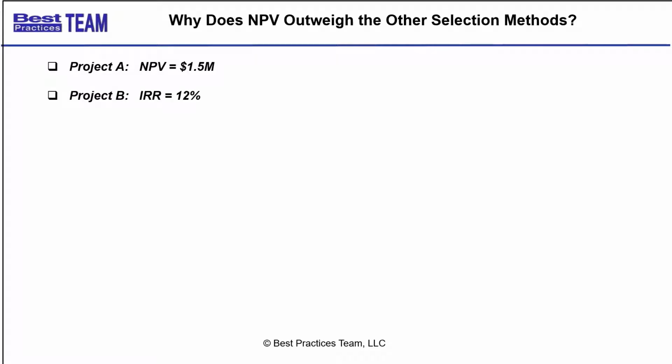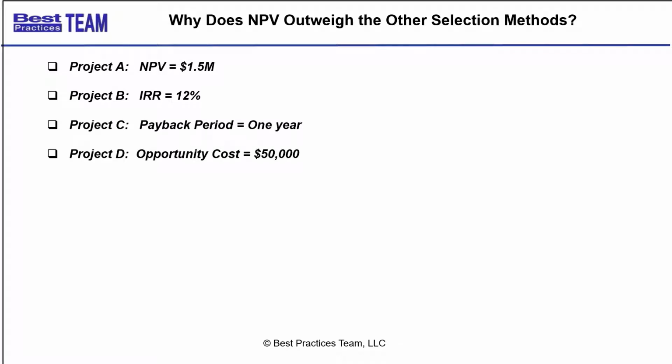Project B has an internal rate of return of 12%. Project C has a payback period of 1 year, and project D has an opportunity cost of $50,000. So which project should we go with here? If you got this question on the exam, which project would you choose, or should senior management choose?